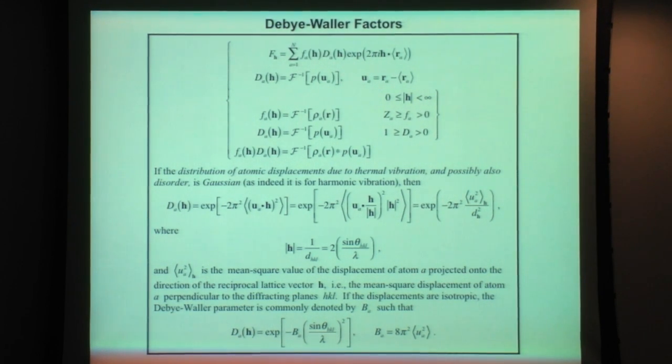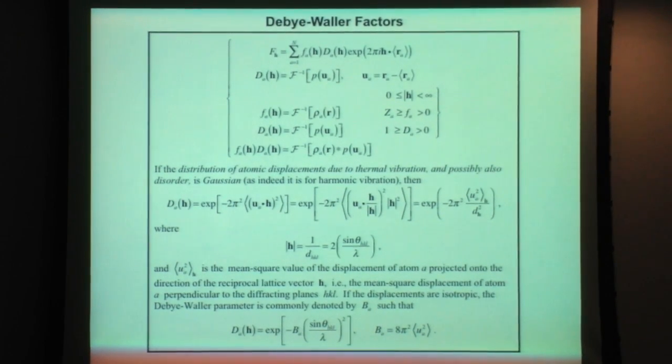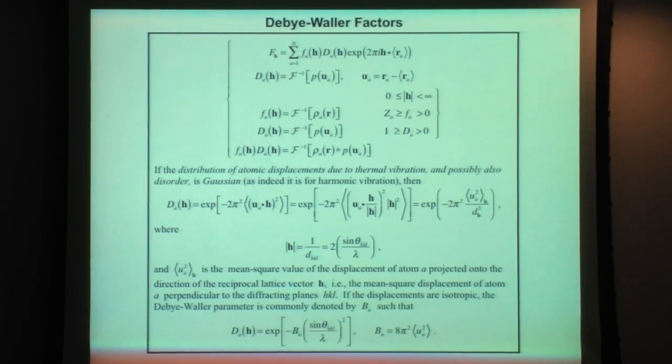Here we're using the convenience of vector notation. And we put these angle brackets around that position symbol to say that in calculating the structure factor, we're concerned with the mean position. The atom's jiggling around, but it's jiggling around some equilibrium mean position.